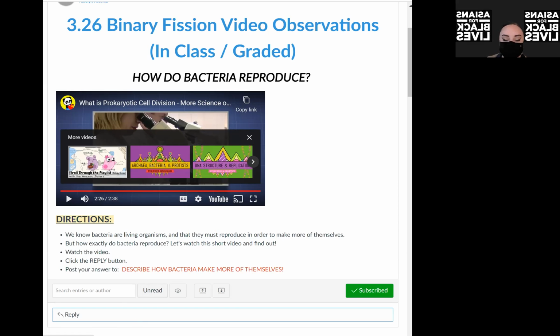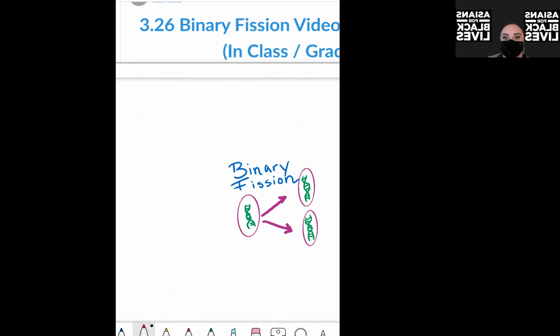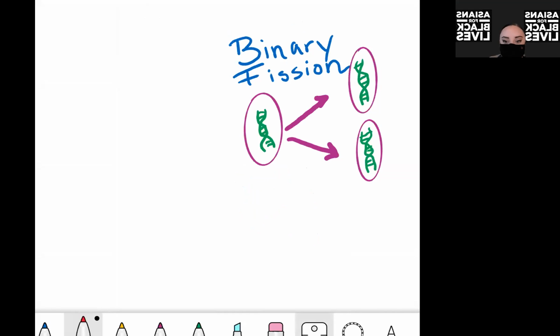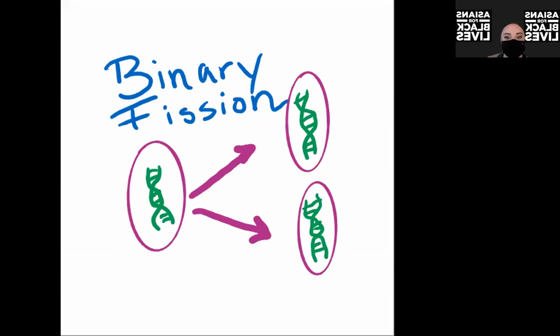Alrighty, so let's look at our answers here and go over them. Binary fission involves single-celled organisms and they reproduce asexually. So that means they don't need a mate or another organism in order to make offspring.